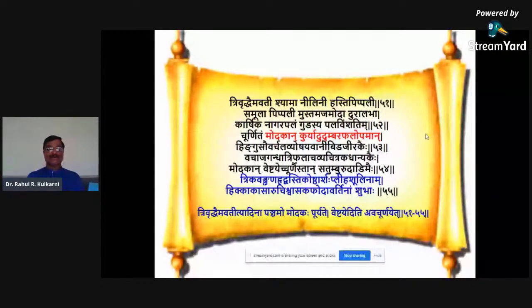So it means it is useful in Trik Vankshana Pradesha Shula, Basti Shula, Koshta Shula and Arshas, Hikka, Aruchi, Shwasa, Kapha and Udavarta Vikaras.